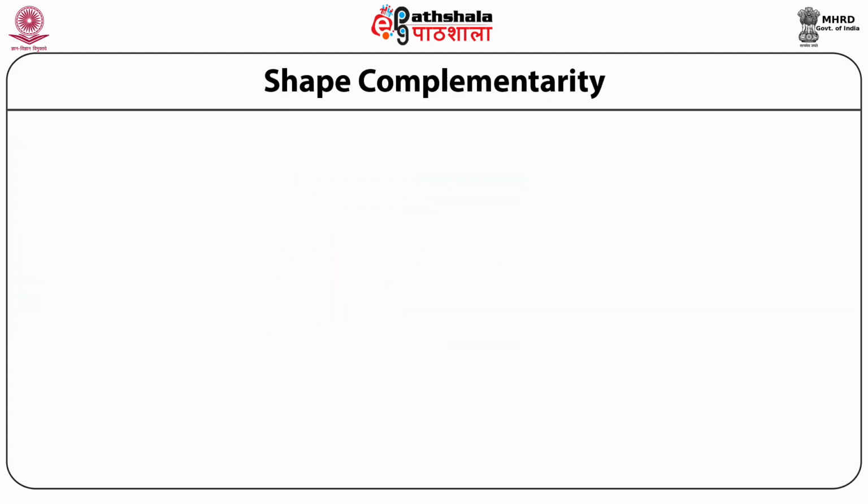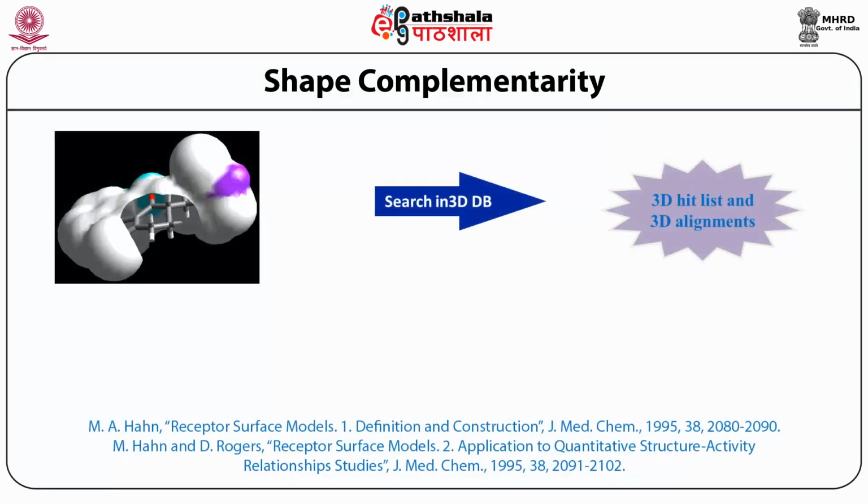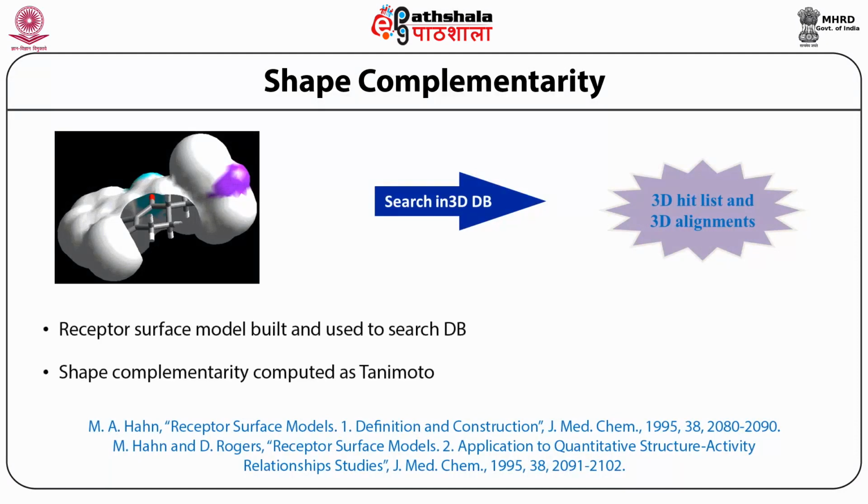A very important feature in the choice of this is shape complementarity. Why is it important? Because it's shown in this figure: shape complementarity, the receptor surface model. Shape complementarity necessarily should be taken care of, because the receptor surface cannot be expected to be large.